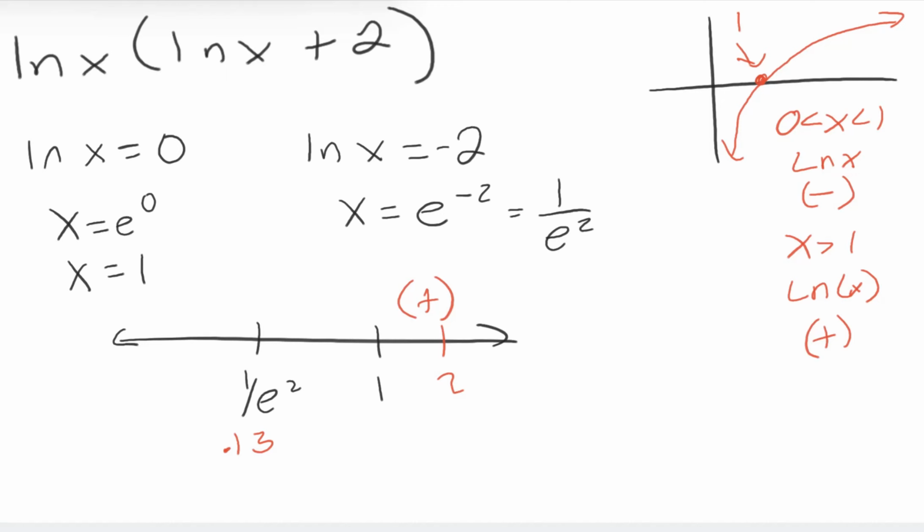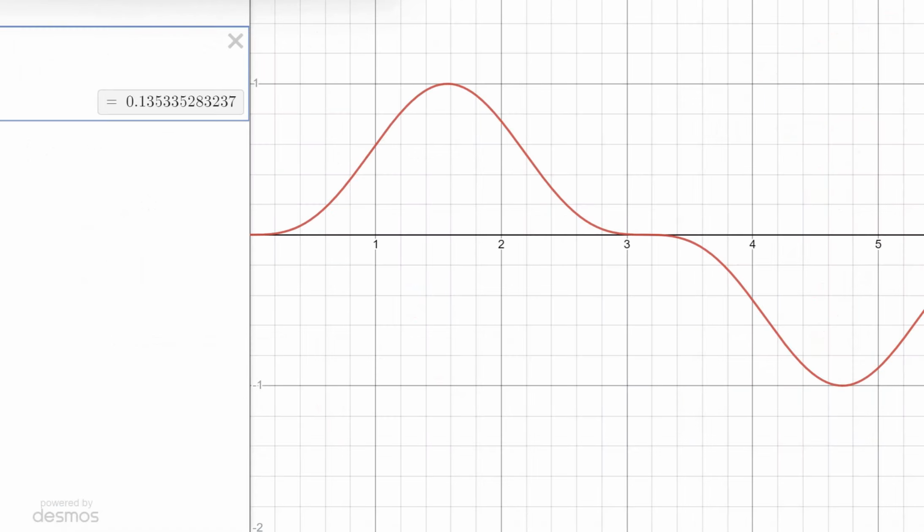Let's plug in 1/2. If I plug in 1/2, the original ln of x is going to be negative, correct? Now, is that going to be bigger than 2? ln of 1/2 is about negative 0.16.